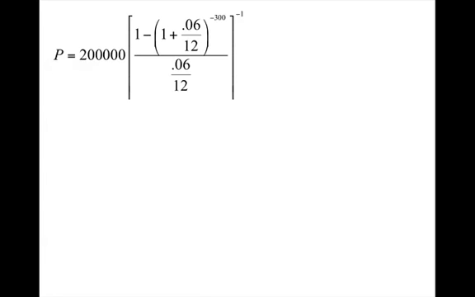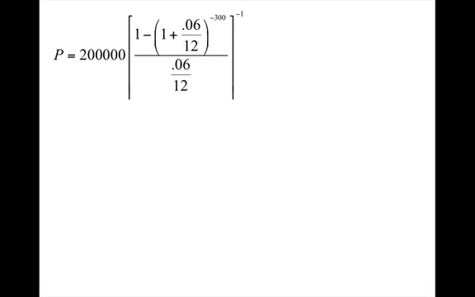So if I plug these into the formula, I have P equals 200,000 times, 1 minus, in parentheses, 1 plus 0.06 divided by 12, raised to the negative 300th power. All of that is divided by 0.06 divided by 12, and all of that is being raised to the negative 1 power.